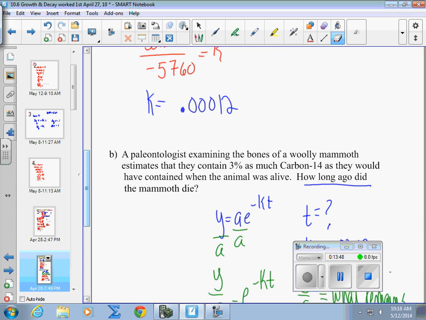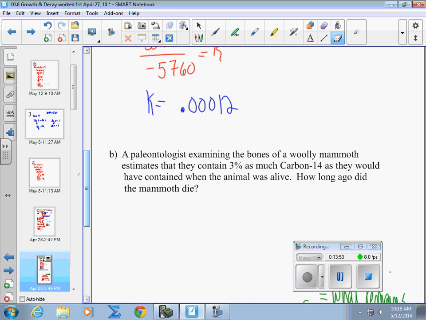So the rest of the problem says, paleontologists examining the bones of a woolly mammoth estimate that they contain 3% as much carbon-14 as they would have contained when the animal was alive. How long ago did the mammoth die? So we're back to the equation, y equals a e to the negative kt. Well, A, like I said, was the beginning amount.